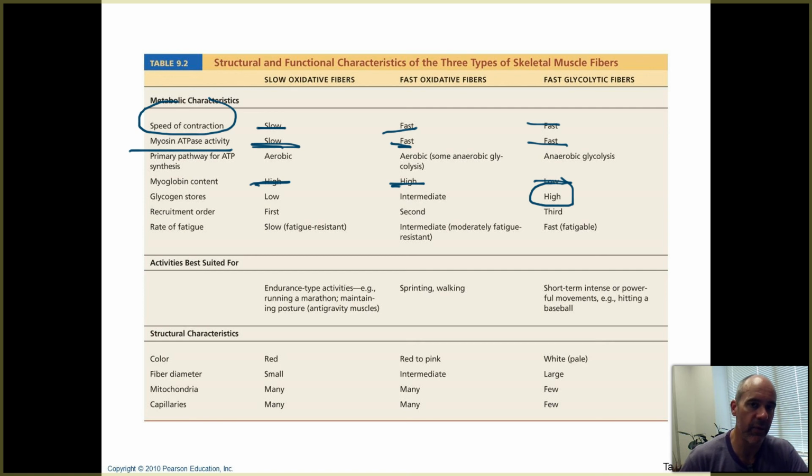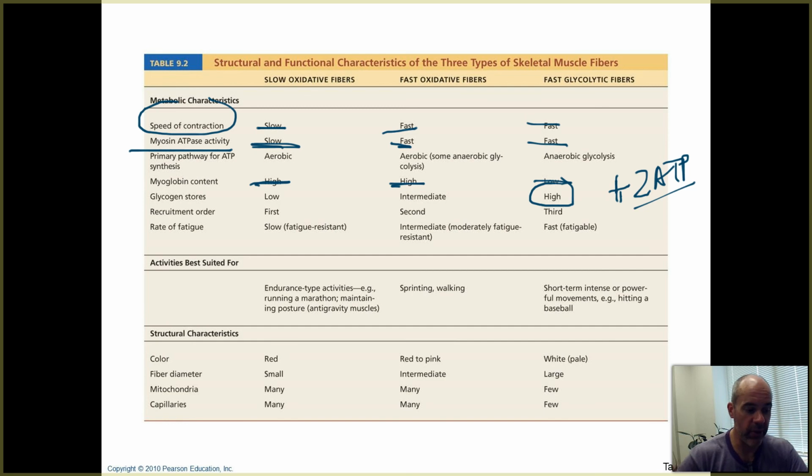The fast oxidative ones are kind of in between. And the reason for that is they need lots of glucose. Your fast fibers need glucose because for every glucose molecule they break down, they're only getting 2 ATP. So they're going to have to break down more glucose to supply their ATP needs.